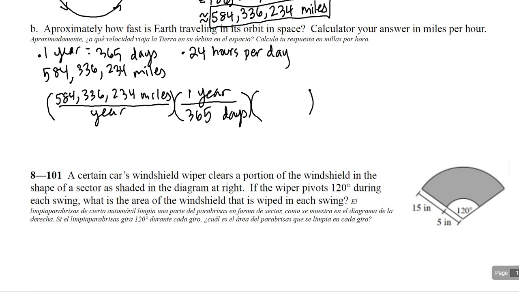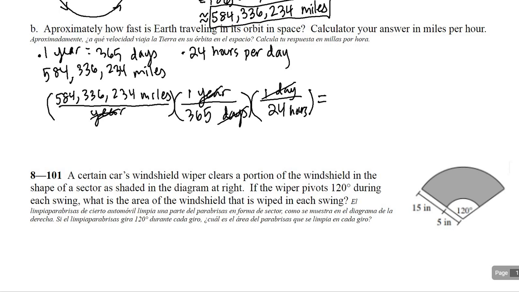Multiply that by every day is 24 hours. Here, using some unit analysis, which hopefully you've learned in chemistry, but I'm not sure what science teaches it. Anyway, years cancels, because you've got years divided by years, and days cancel, because you've got days divided by days, and you're left with miles over hours with their numbers.